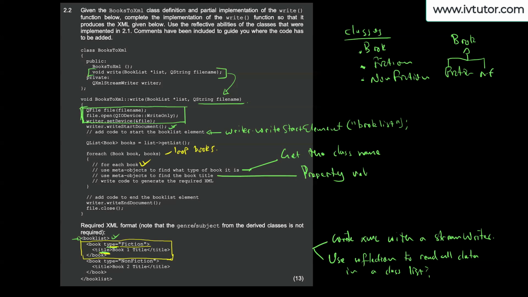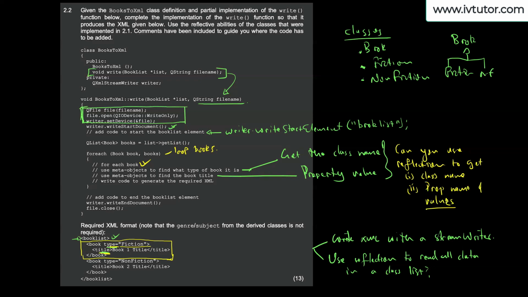So the question then becomes, can you use reflection or meta objects to get, number one, a class name, number two, prop names, and values? Even though for this question, you only need the values, not the property names. That's what you need to do this part. So that's what they're asking you to do.